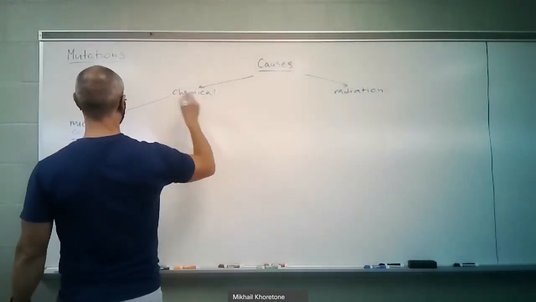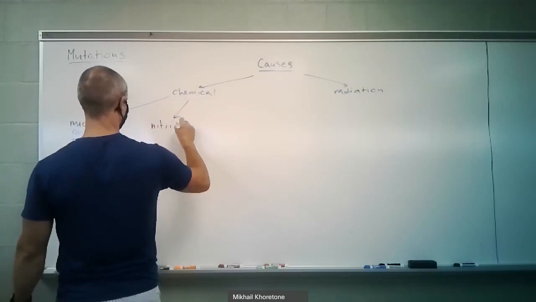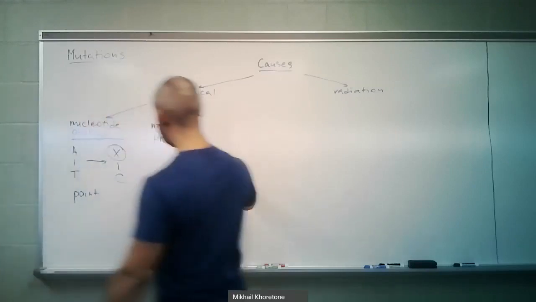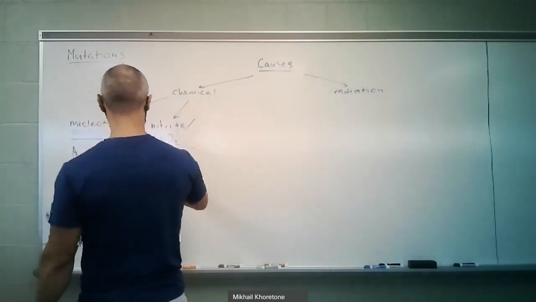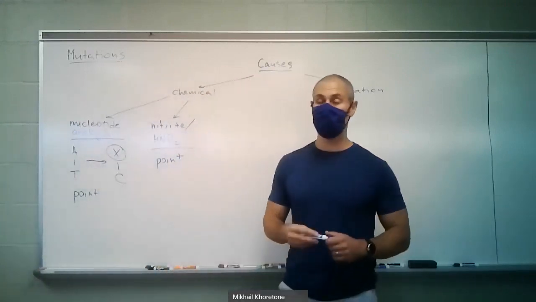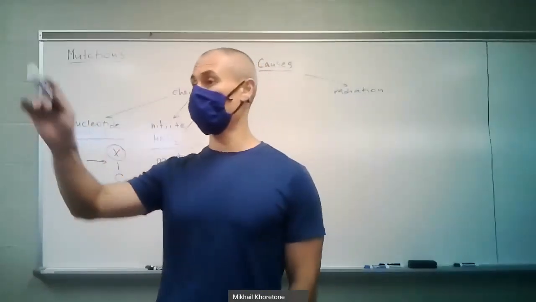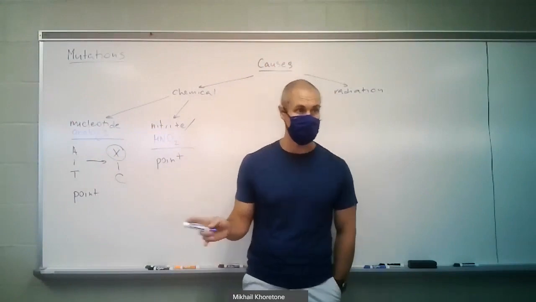I'm trying to remember all of them. Nitrite, nitrous acid. So this causes point mutations when AT pair is replaced by GC. You probably have heard, I'm not going to ask you, there's a reaction in the notes. You don't have to remember that reaction, don't worry.